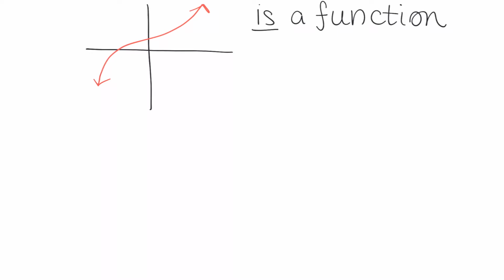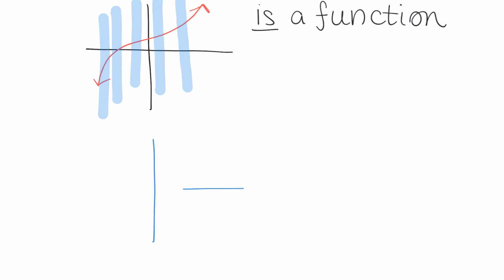So, for example, is there anywhere on this graph that I can draw a vertical line that would pass through the red in more than one place? And there's not. So therefore, I know it is a function. Versus if I had a curve that looked like this, is there somewhere on here where I could draw a line and it would pass through the red in two places?